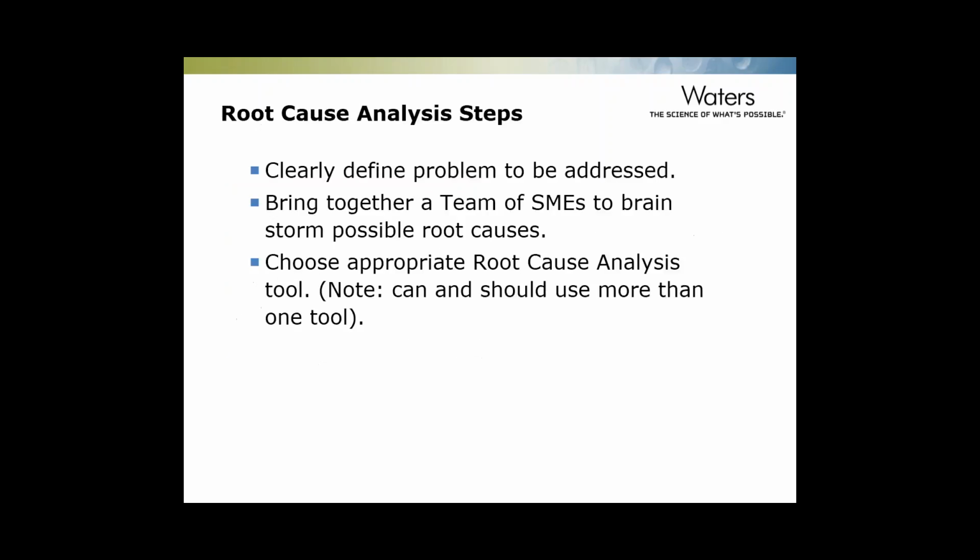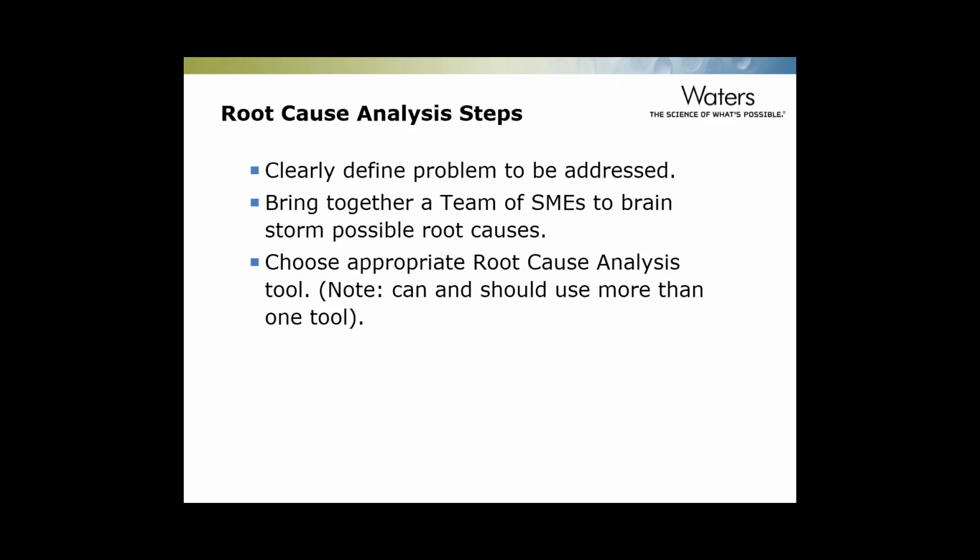So we'll start talking about the steps. Again, clearly define the problem. Once you've defined the problem, it's really getting the right people in the room to brainstorm root causes. That's getting your subject matter experts, the people that are actually involved in the process, and trying to understand what the possible issues are.